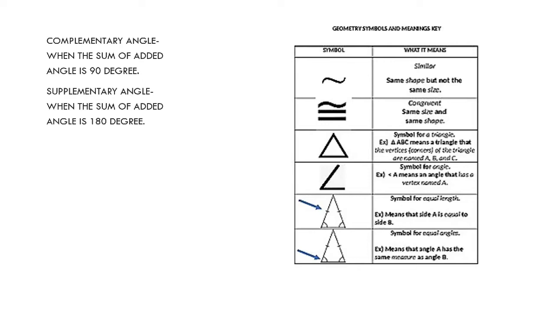Next are the symbols that we see in geometric figures. Here, the first symbol is called similar, or it represents similarity. When we use this symbol, it represents the same shape but not the same size.